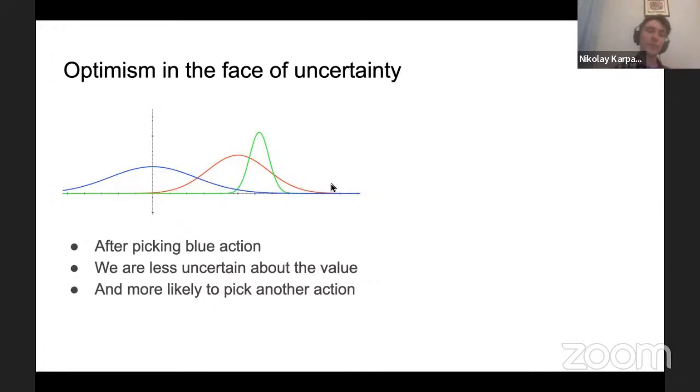So why is that? Well, intuitively speaking, the measure of the optimism in different actions is this percentile statistics. So the 95% percentile kind of measures how good this action can possibly be without being too unrealistic.